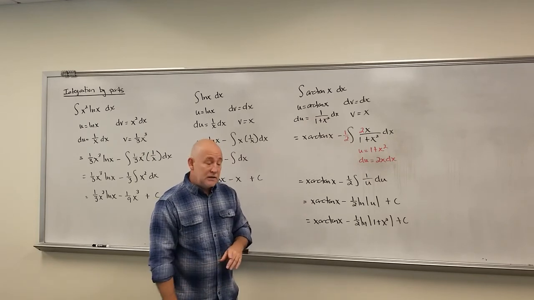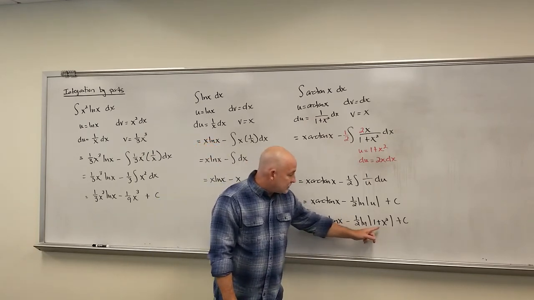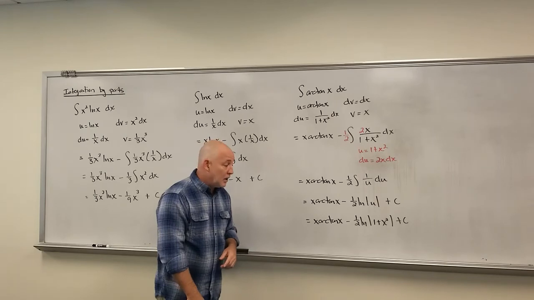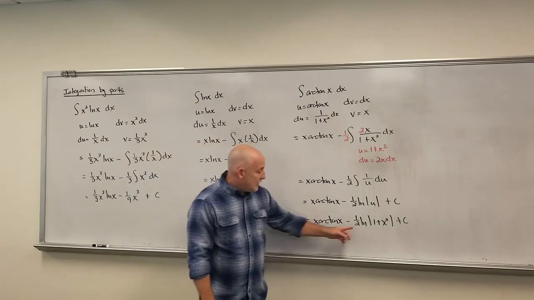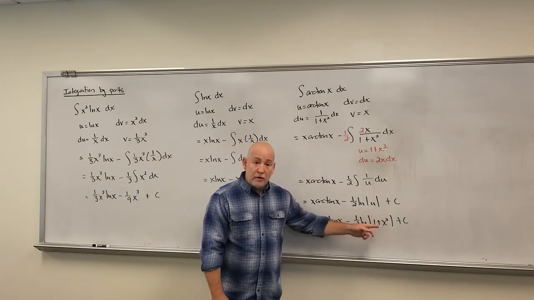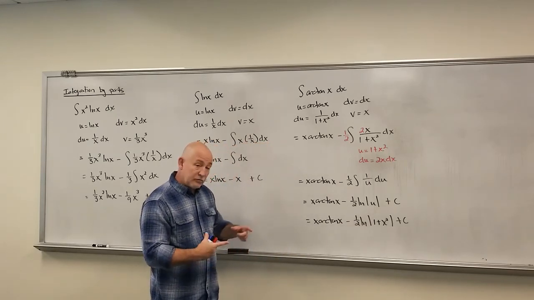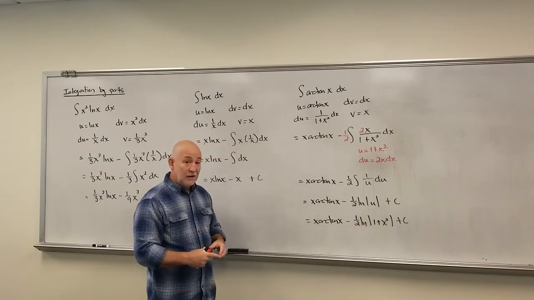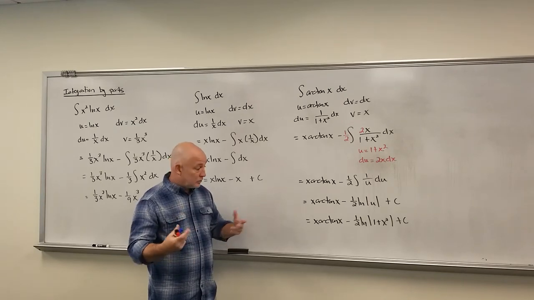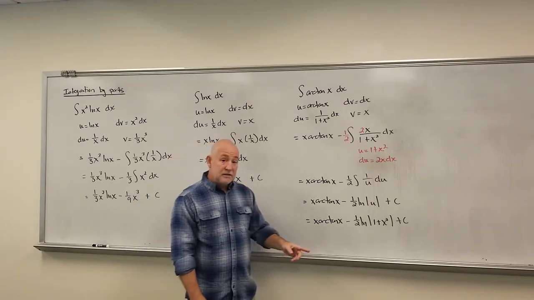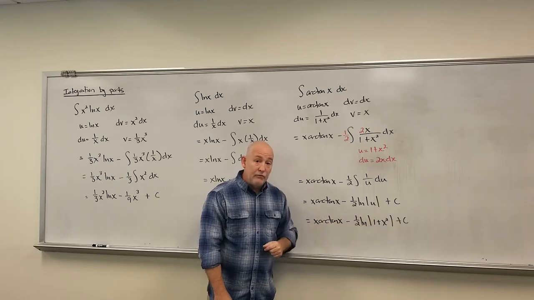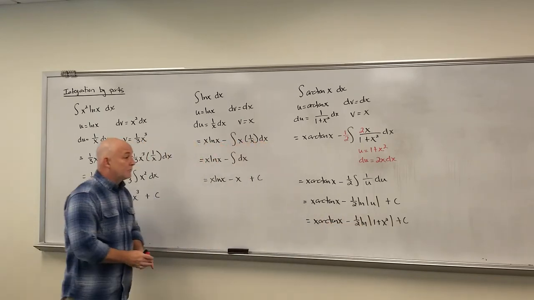The only way he may differ is he may have parentheses here instead of absolute values. Now, we've talked about this in the past. I know 1 plus x squared is always a positive quantity, so I don't need absolute values around it. This way, the author may use parentheses because technically it is more simplified. However, at this stage, I would suggest just leaving the absolute values there. It's a little bit safer.